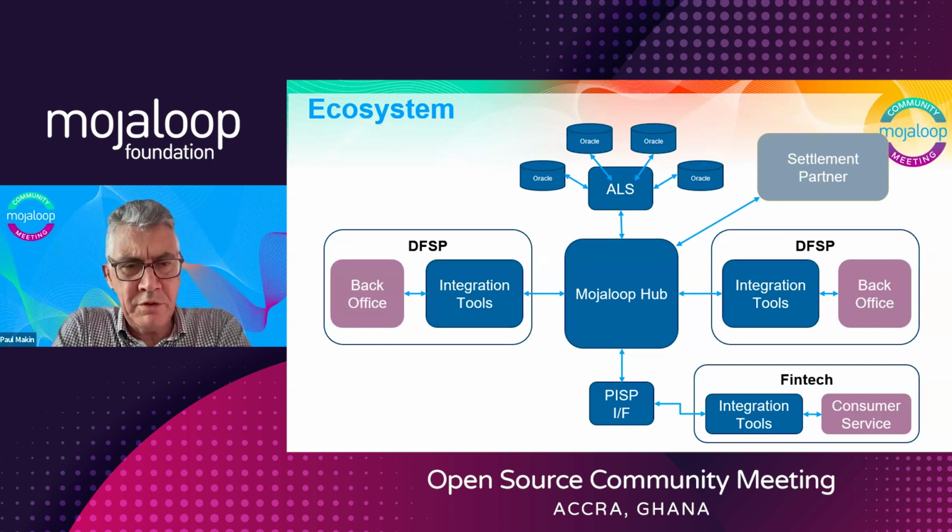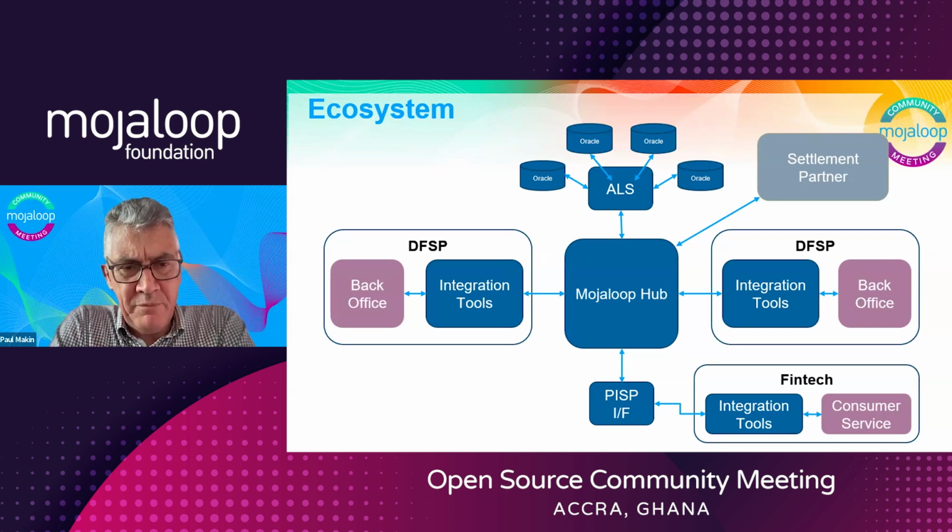And Mojaloop as a community provides integration tools to connect that back office into Mojaloop. And because we provide those integration tools, we're able to get the integration time for most DFSPs into a Mojaloop hub down to a couple of weeks, rather than the 6 months of many of the other switching options out there.